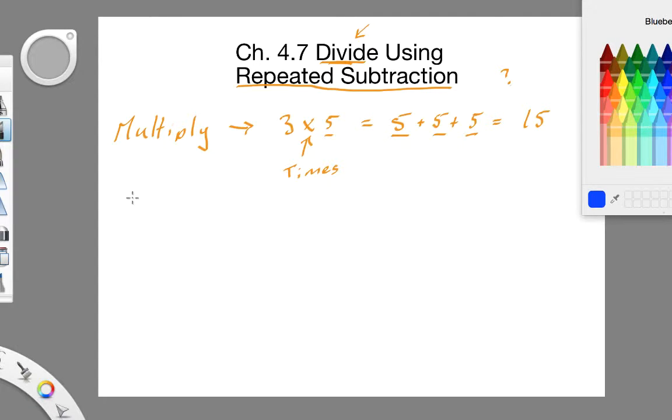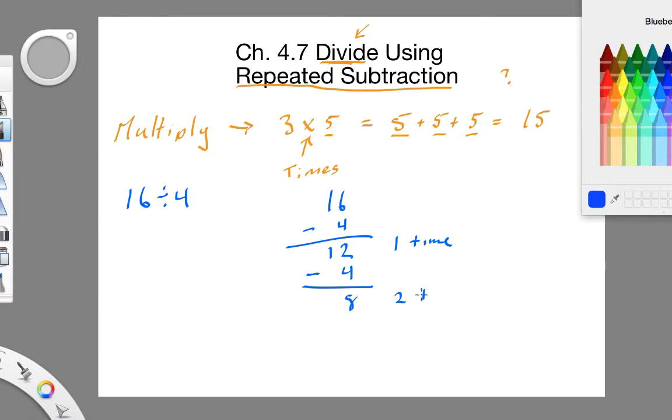For instance, if we have 16 divided by 4, we can just subtract and see how many times we have to subtract. So let's start with 16 minus 4. 16 minus 4 is 12. That's 1 time. Minus 4, 12 minus 4 is 8.